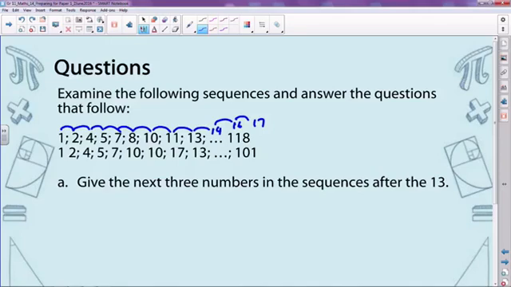Or the first one, what you can do is split this pattern. You'll have 1, 4, 7, 10, 13. I hope you see what I'm doing.